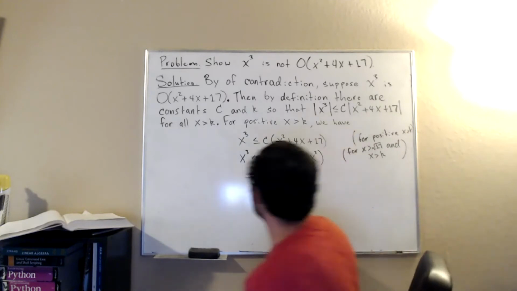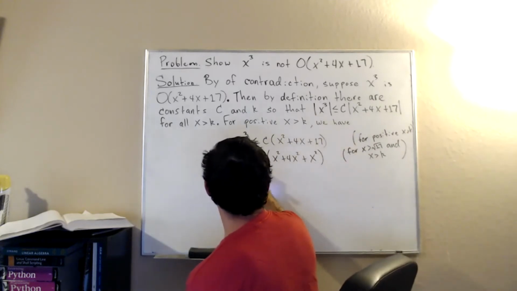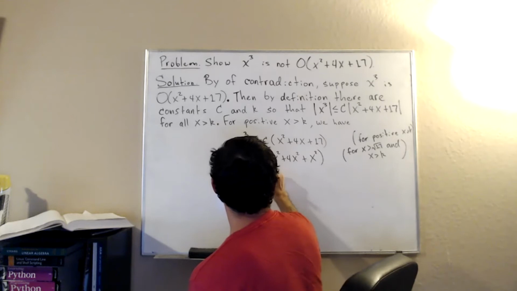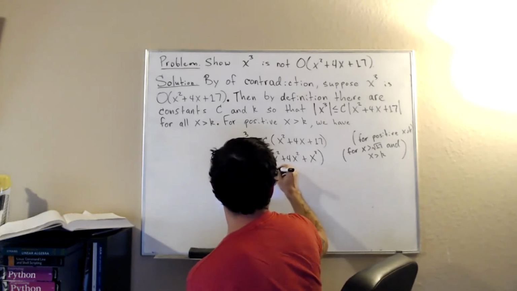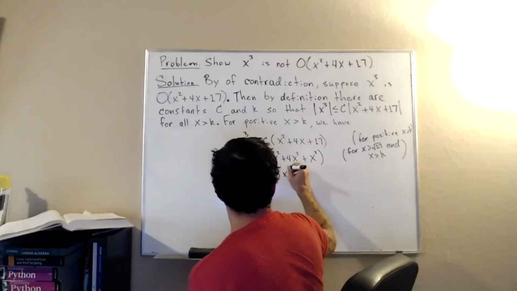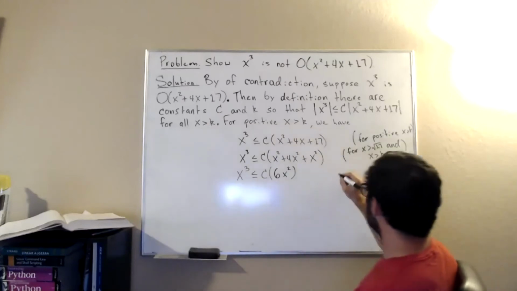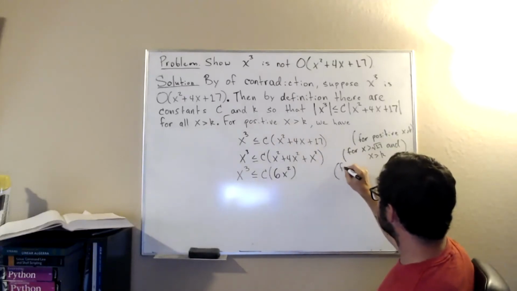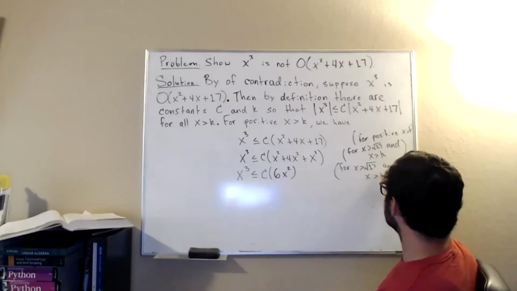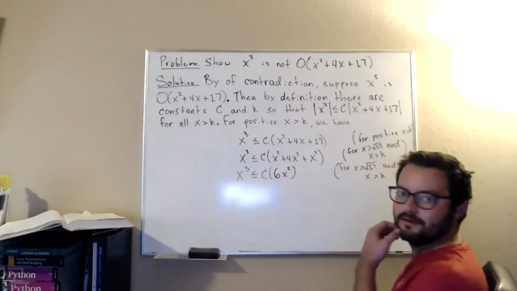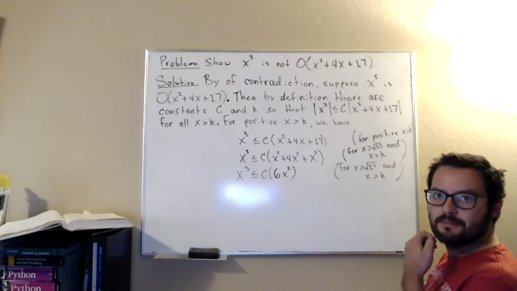So now I can combine my terms. And what do I get? 1, 4, 17, so 6x squared. And again, got to make sure that you inform the reader x greater than root 17 and x greater than k. Okay.